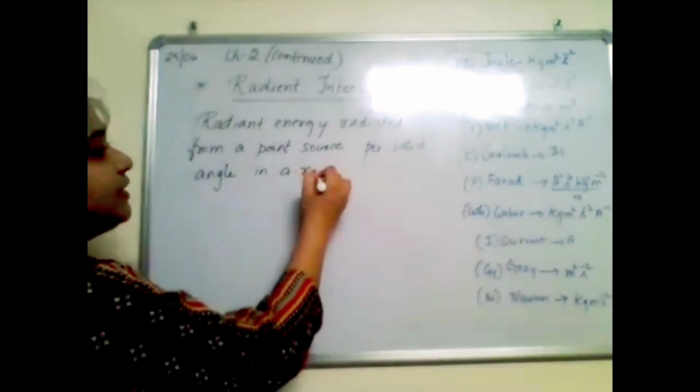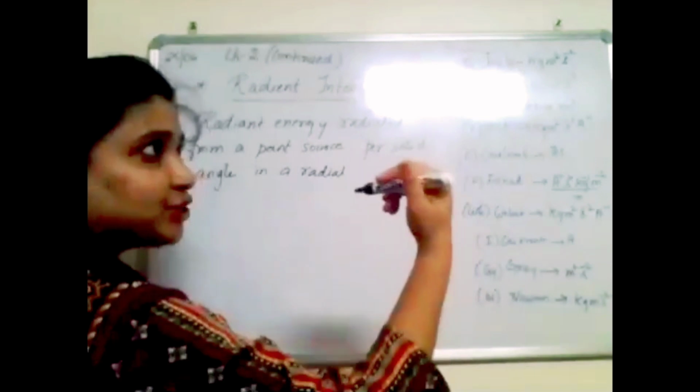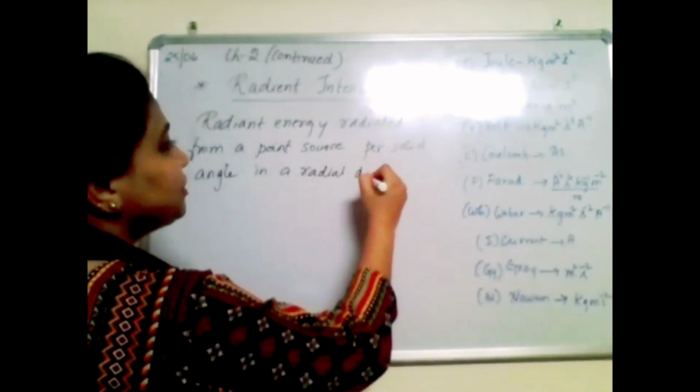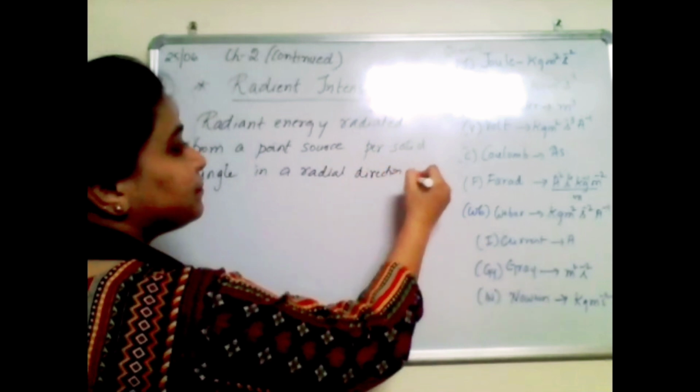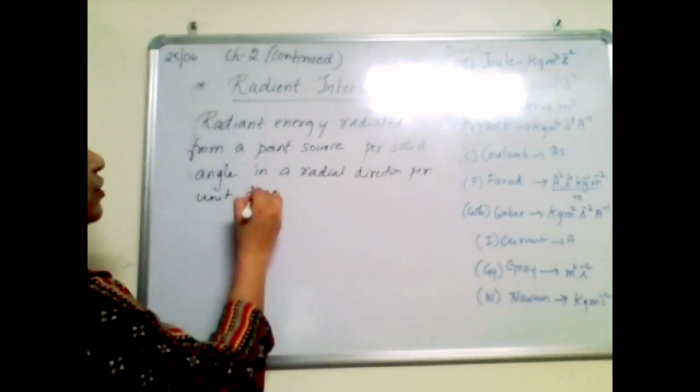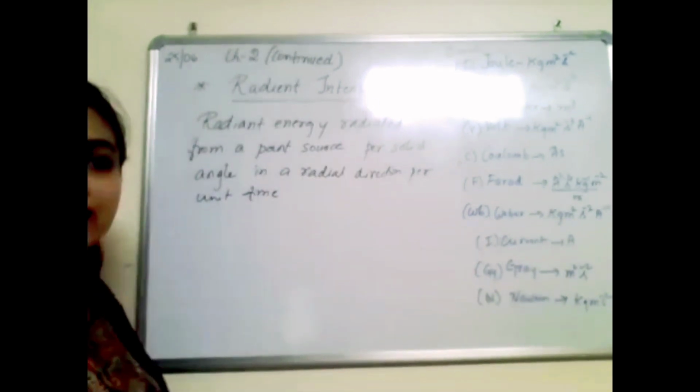In that direction, per unit time, that means per second, right? It's called radiant intensity.